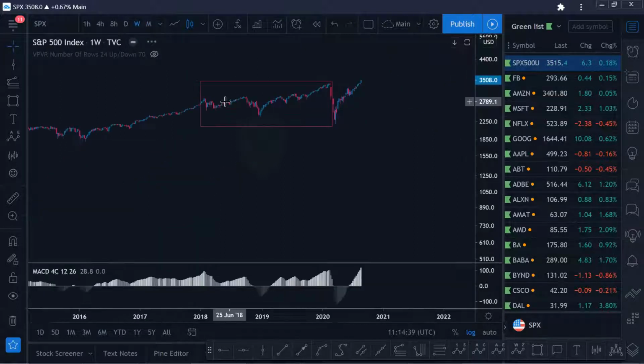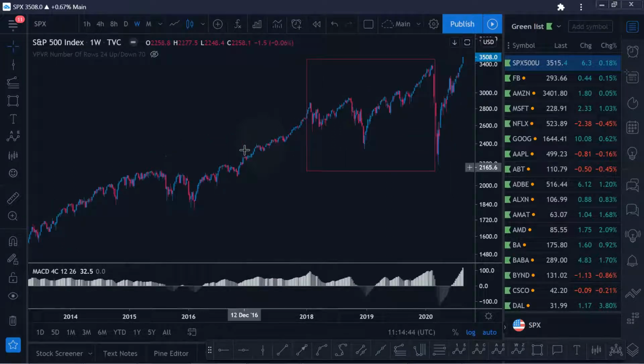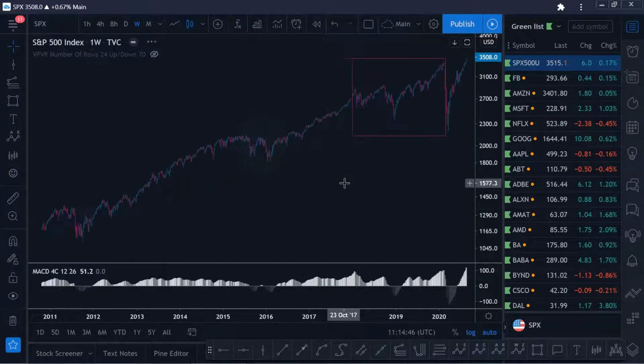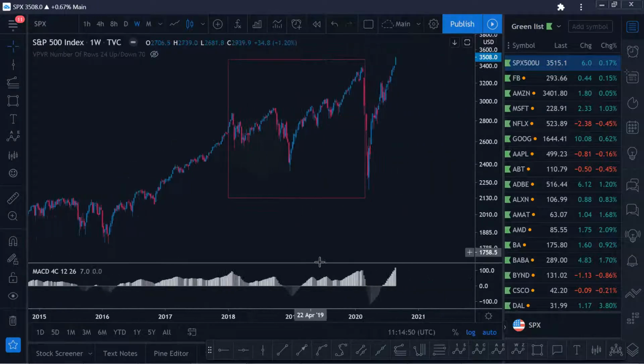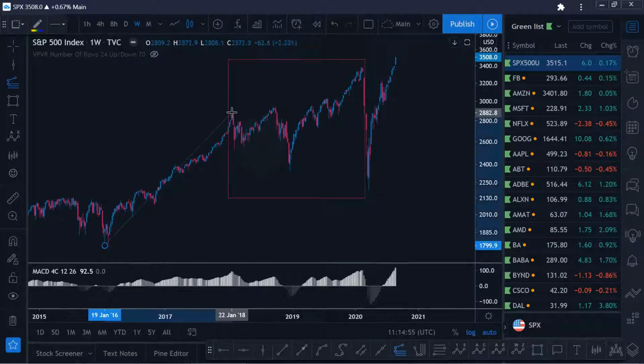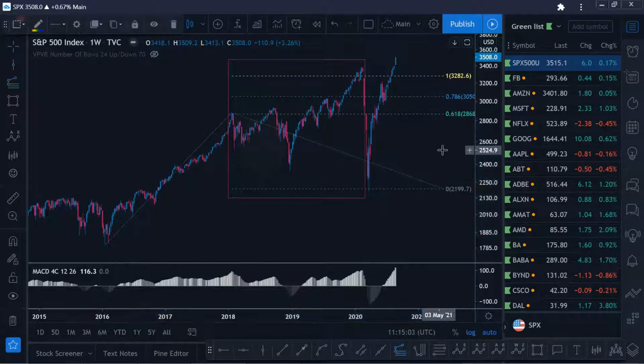Zooming in on where we are now, you see that the correction that we had is only big enough to justify that it was a correction, an expanding triangle of this impulse to the upside. A, B, C, D, E, and now we're in the next leg higher.